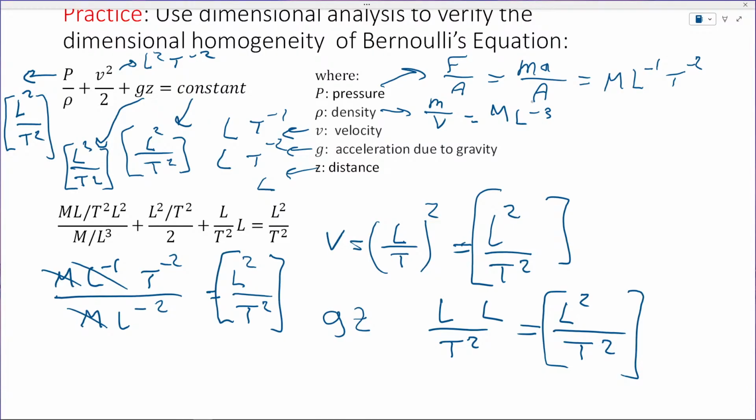This tells us that this equation is dimensionally homogeneous. Why? Because they all have the same dimension, L square over T square: the energy due to pressure gradient, kinetic, and potential. And this constant, whatever this constant is.